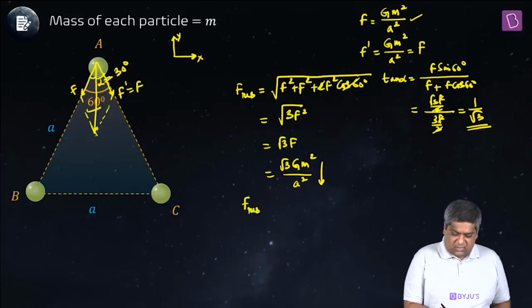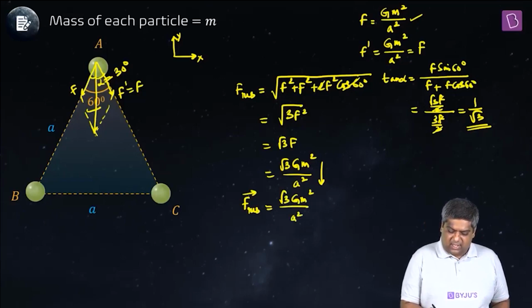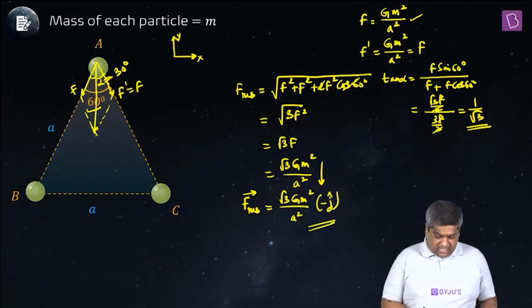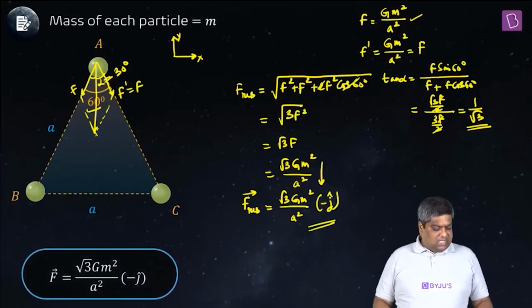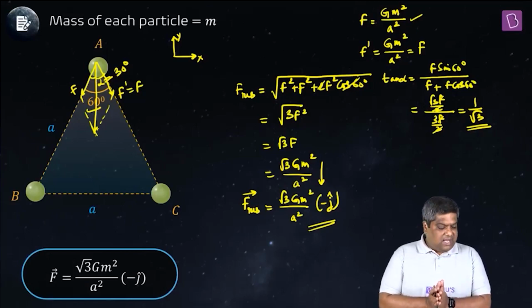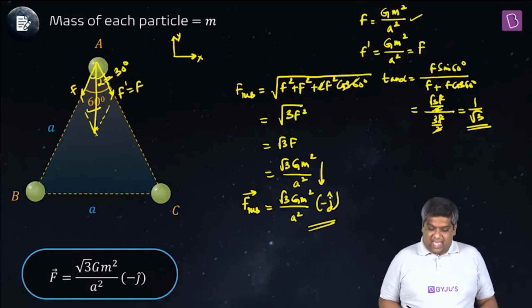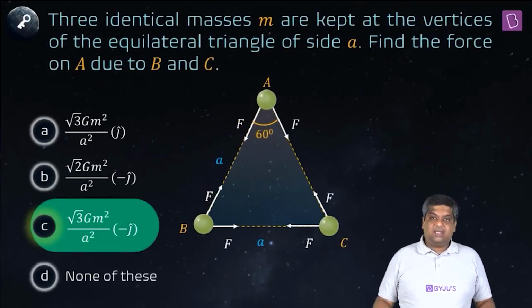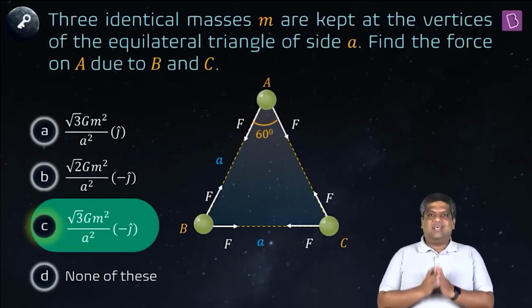So if you wish to write it in the vector form, it is root 3 Gm squared by A squared minus j cap. That is the required answer for this particular question. The force is root 3 Gm squared by A squared minus j cap. That is the net force acting on A, and which is the option that matches with this result? Yes, it is option C.